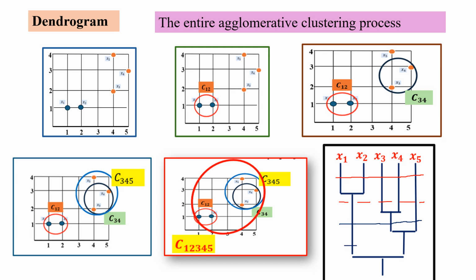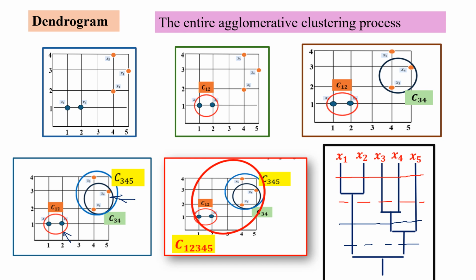And at this point of slicing, we get how many branches? 2 branches. So one is this C12, which is this one. And what is this branch corresponding to? It is corresponding to 3, 4, 5, which is this one.